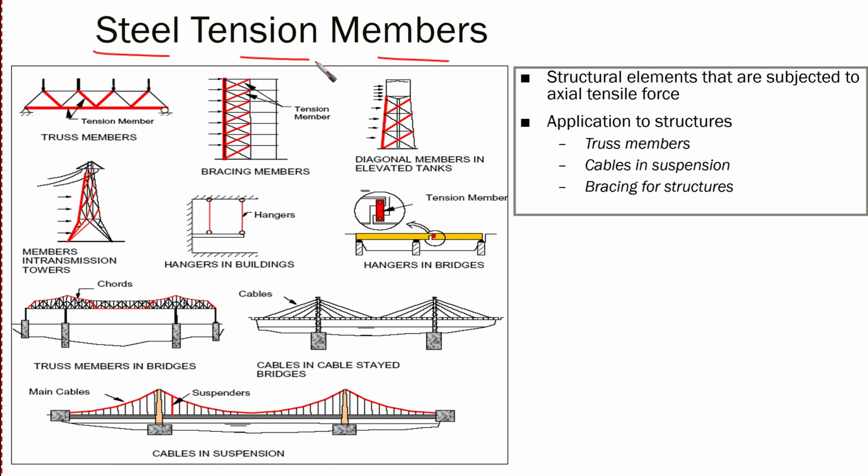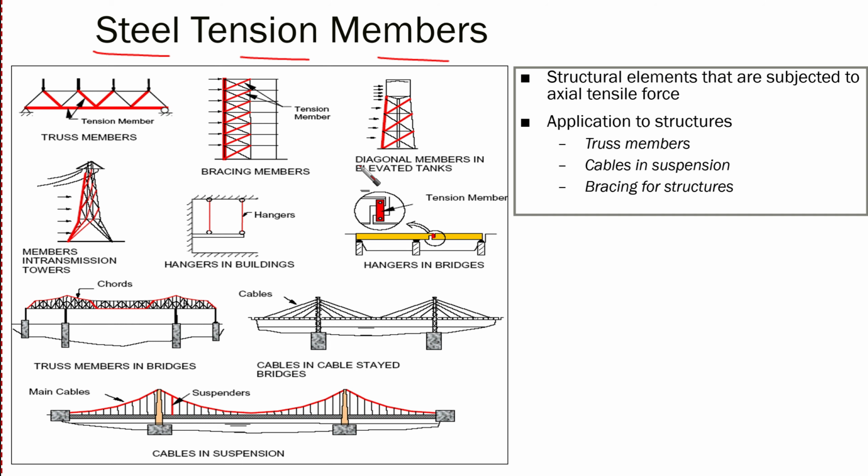They are very useful in many structures. You're going to find them as truss members, for example. They are also used as bracing members whenever we have buildings with cross bracing or so.